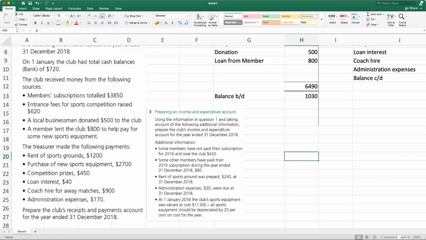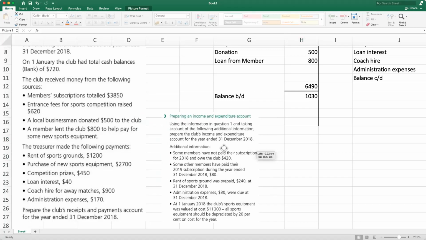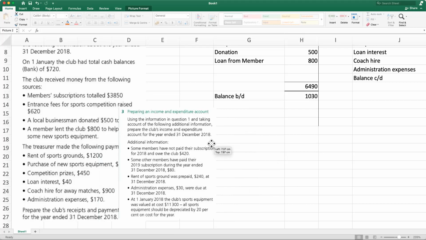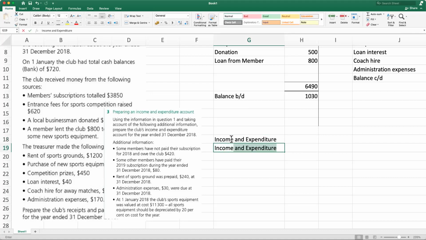Now we need to prepare our income and expenditure. For question 3, all we need to do is something like an income statement. So we can just put it here. All your income you can put together.